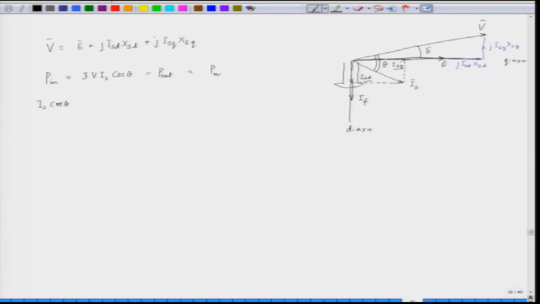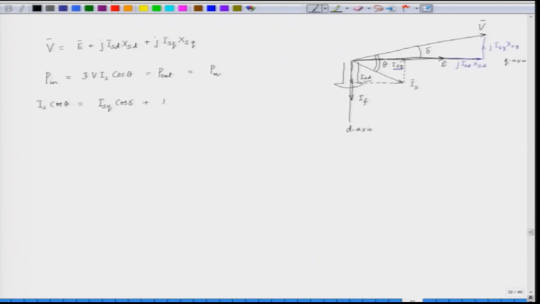Now, I s cos theta is the projection of I s along V. So, I s cos theta can be written in terms of the current components, that is equal to I s q into cos delta.